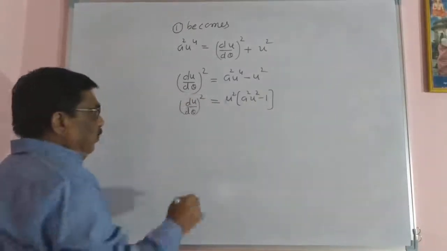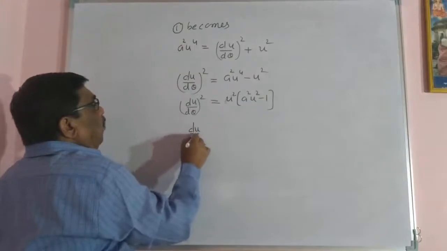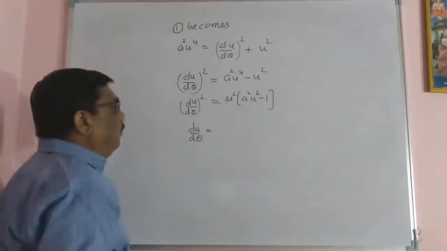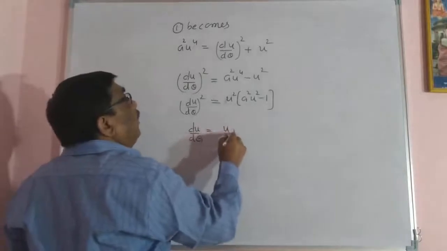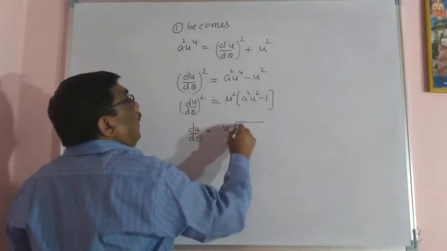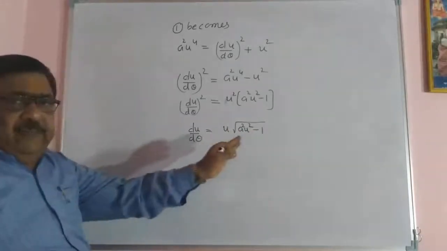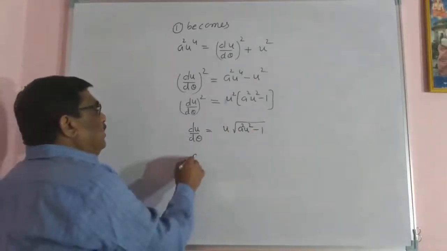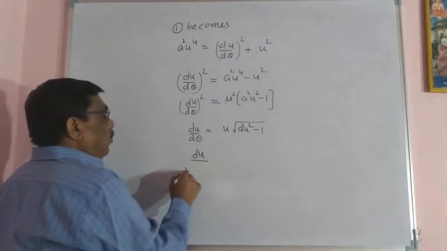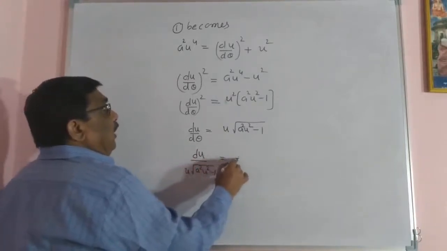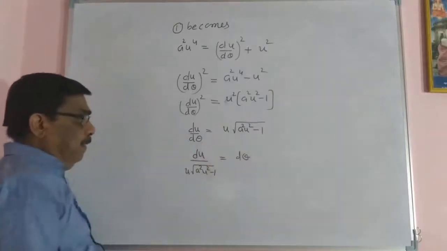Find out the square root. du by d theta is equal to, of course, plus or minus, let me take conveniently positive, u into square root of a square u square minus 1. Separate the variables. It is du divided by u into root of a square u square minus 1 equal to d theta.